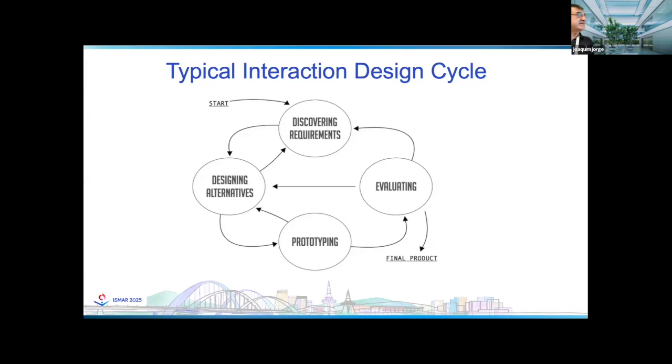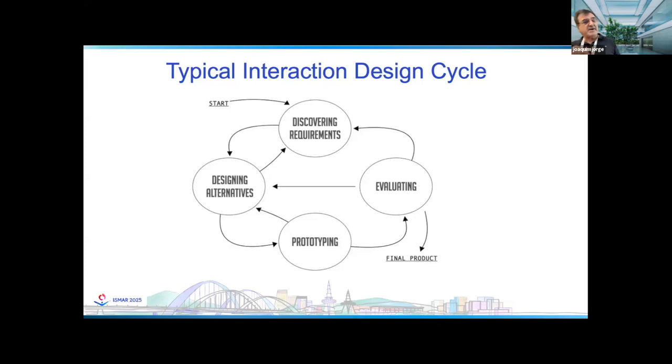An important thing that we believe, contrary to conventional design models, is iterating. So we start by discovering requirements. We need to design alternatives, and we can iterate between these two stages. Then we do all sorts of prototyping, and we have many different kinds of prototypes, and we can iterate here as well.